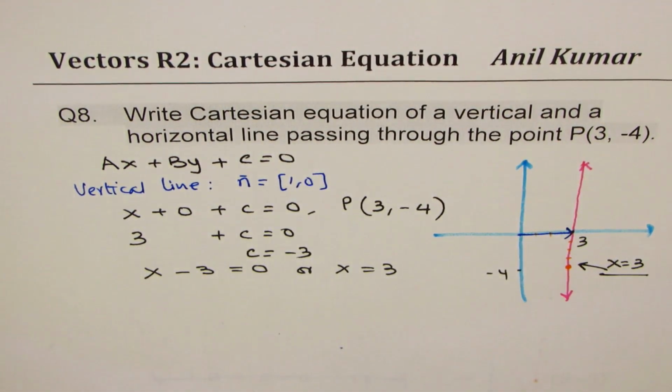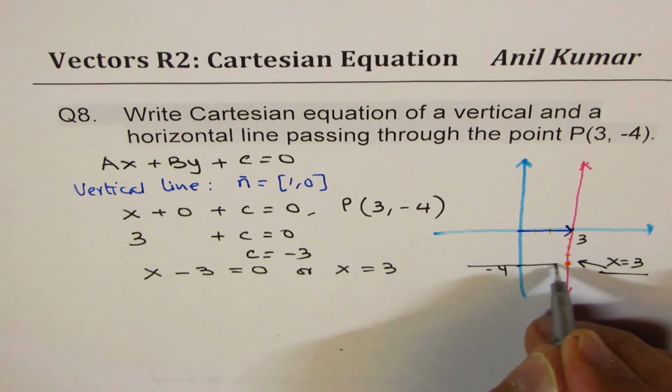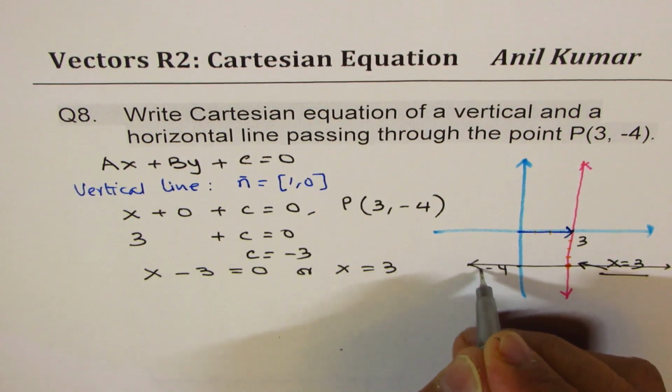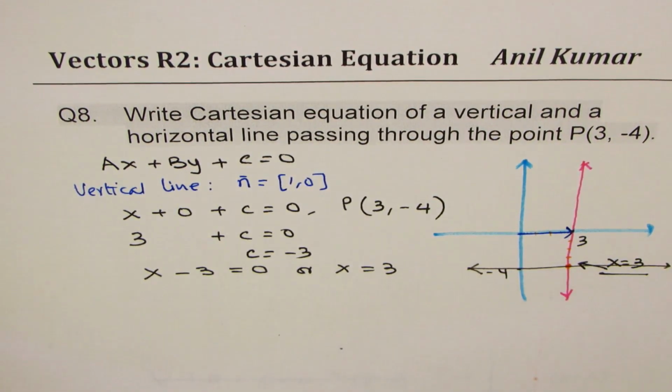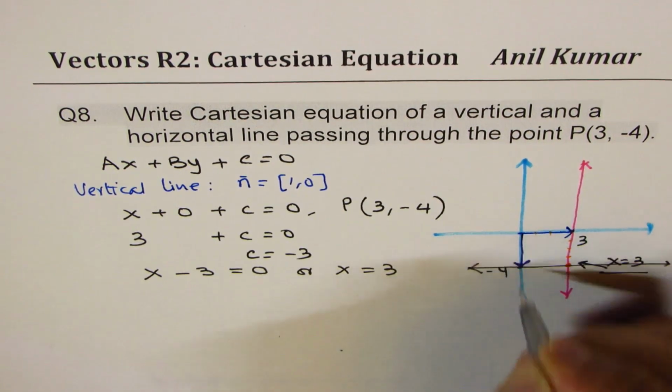Do you see that? Okay. Now let's consider the horizontal line. So we've done part 1. Horizontal will be like this. Is it okay? So in the horizontal line, what is going to be the normal? Well, the normal is like this.